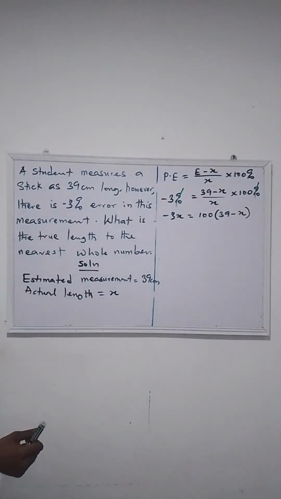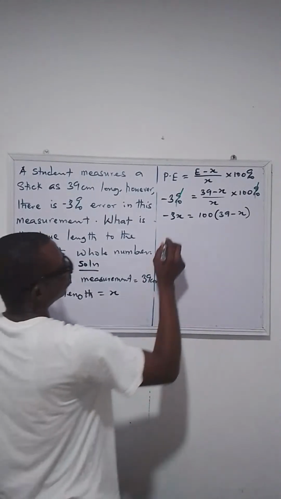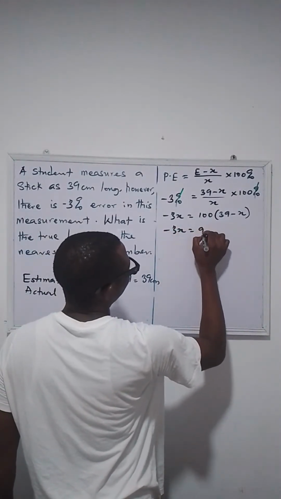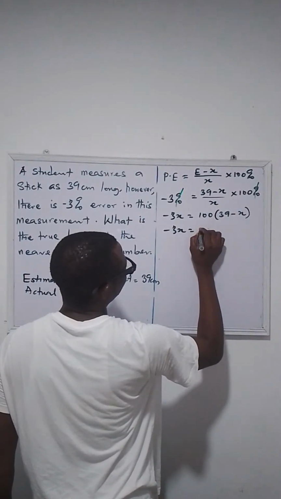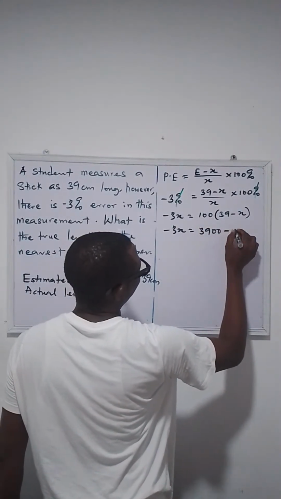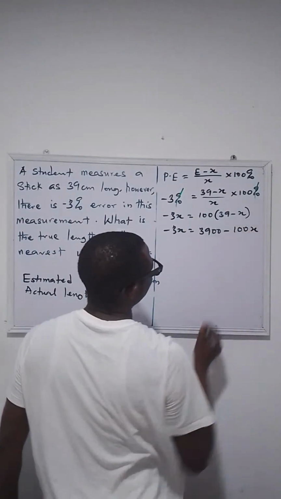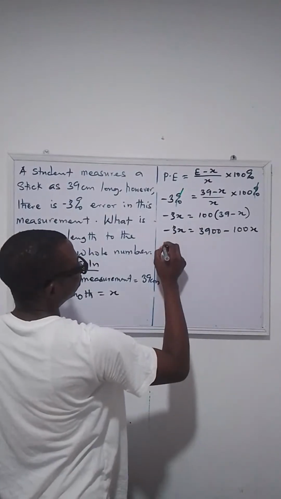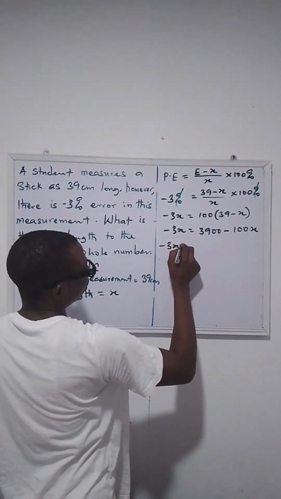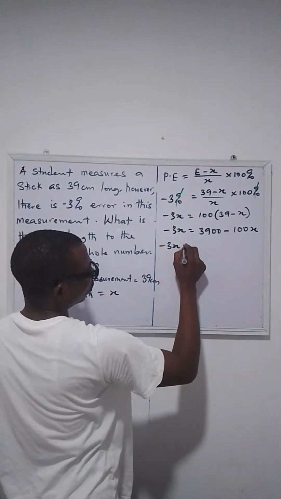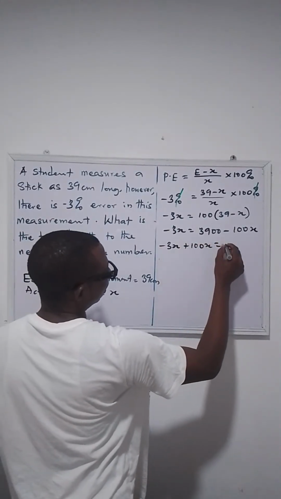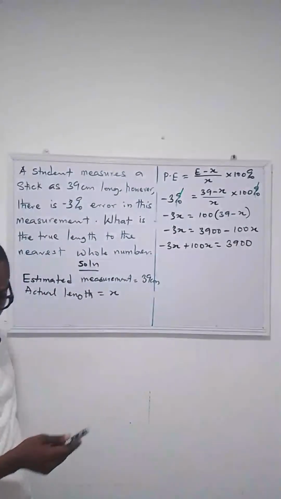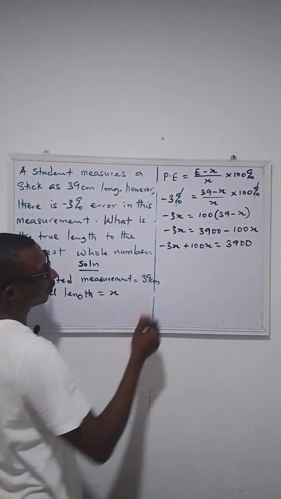Let's open the brackets: negative 3x equals 3,900 minus 100x. Now we can collect the like terms: negative 3x plus 100x equals 3,900.